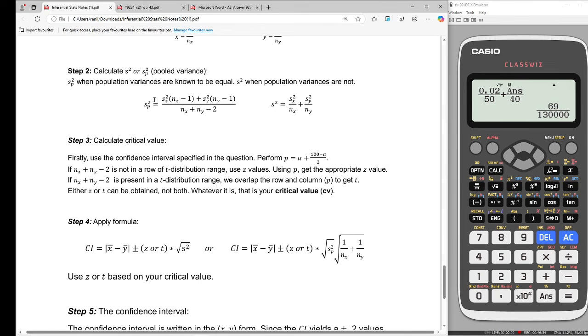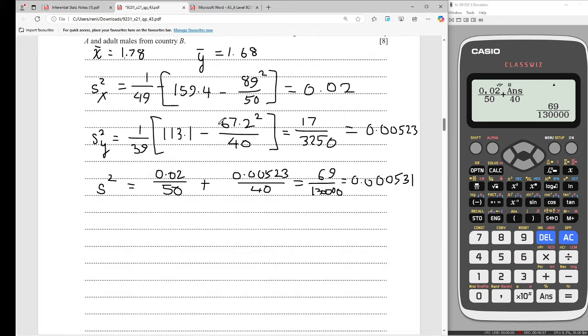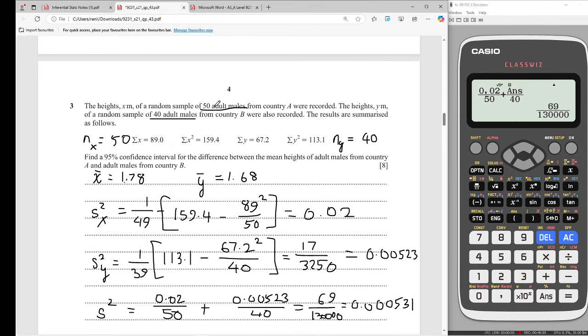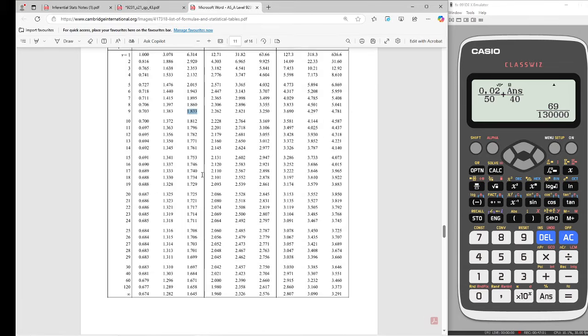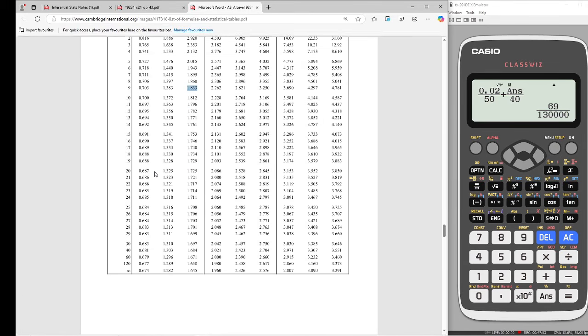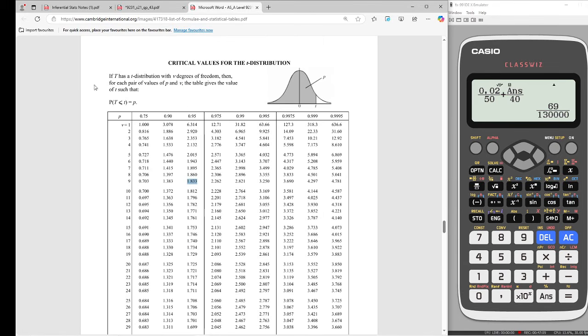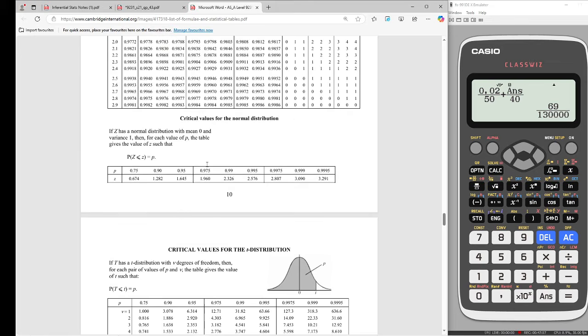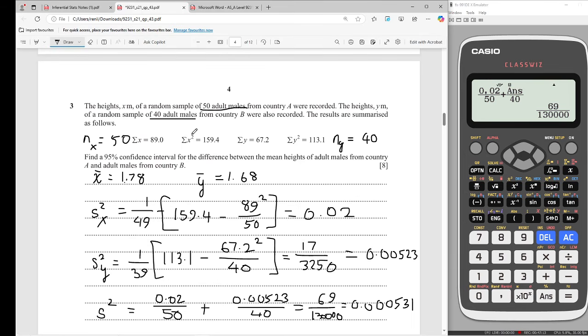Before that, calculate the critical value. So as I've stated before, in the double sample test, they usually give a huge number of samples so that they don't appear over here. Frequently they don't, but there are times where they do, so take caution in that. But in this case, we're going to use our Z values. Right, so for the Z values, we need to calculate the P. So as I've stated, for the confidence interval, we just need to find the midpoint between our confidence interval 95% to 100%.